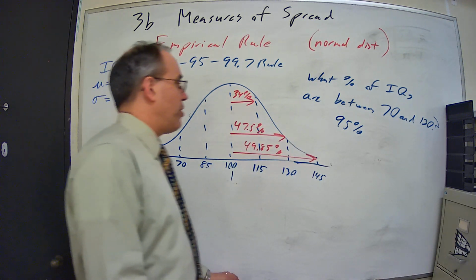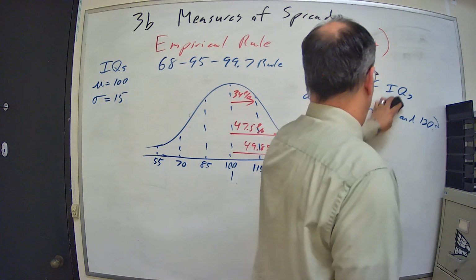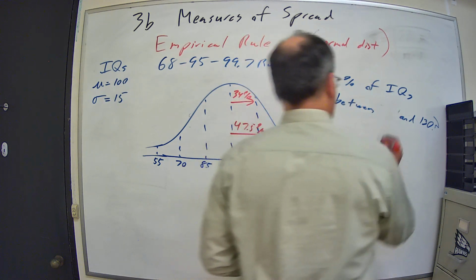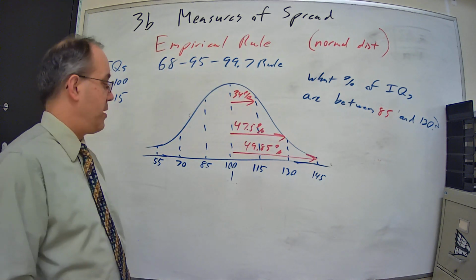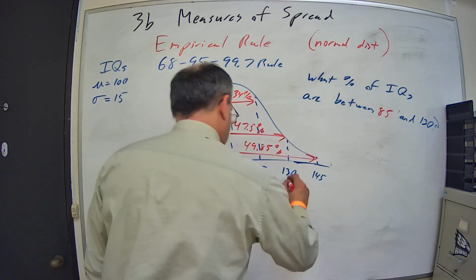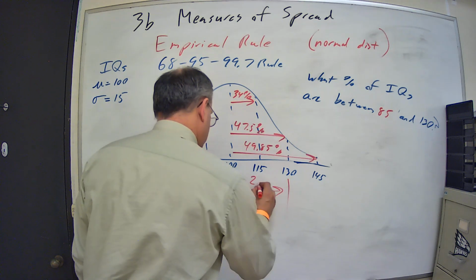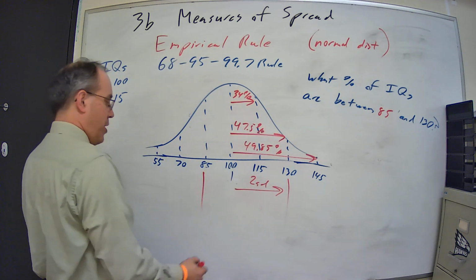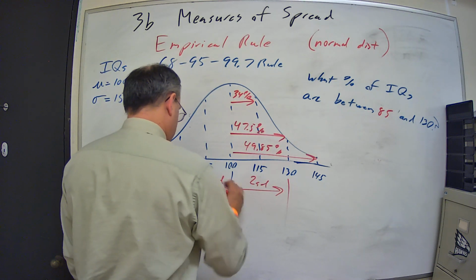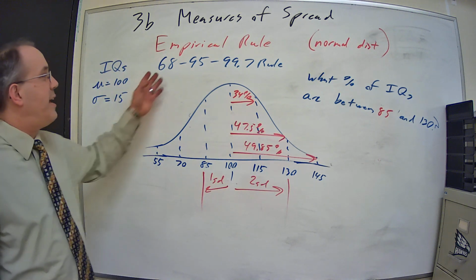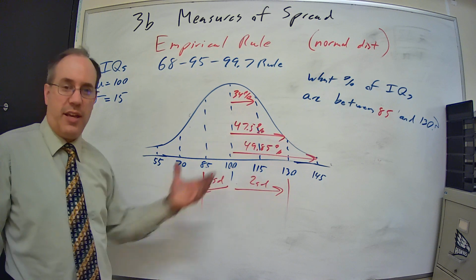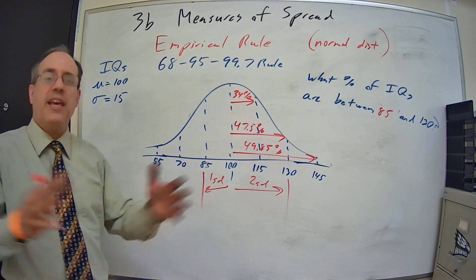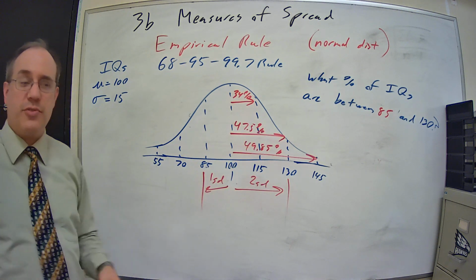Which means I can go even further and say, what about between 85 and 130? Well, that's here and here. That's 2 standard deviations above and 1 standard deviation below. So I can't use the strict empirical rule because that has to be the same on both sides, within 1 standard deviation, within 2 standard deviations.